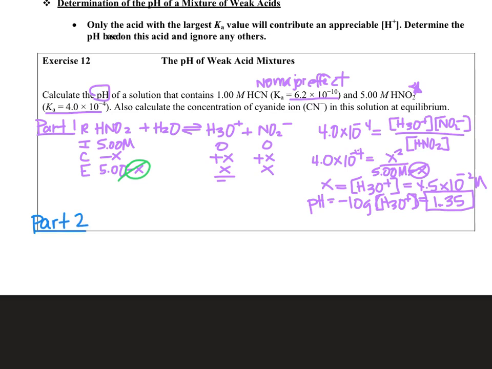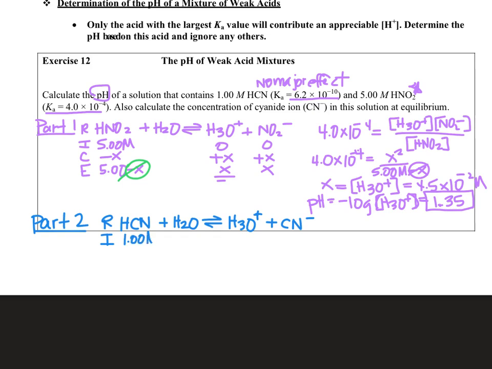We're going to look at the other equation. So in this scenario, we've got HCN and water, right? And so when I add that to water, hydrogen gives over, we end up with H3O plus and CN minus.